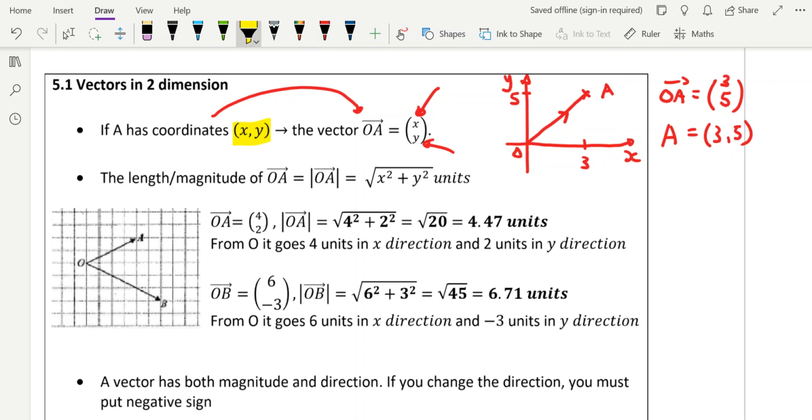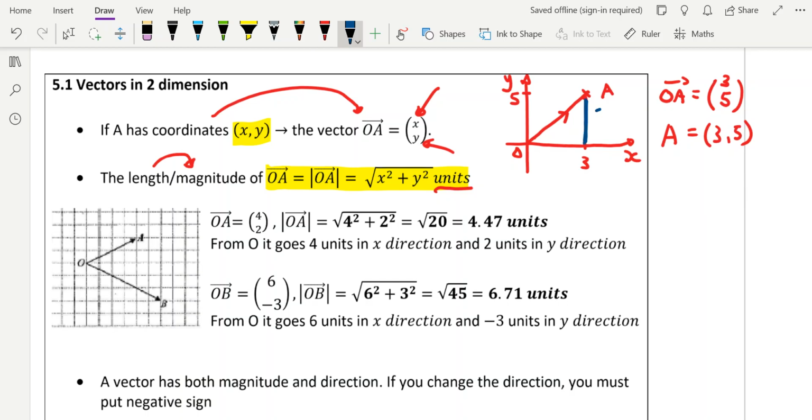Next, the magnitude. Magnitude means length. In physics, you keep hearing the teacher say vector is something that has magnitude and direction. What does magnitude mean? Magnitude just means length. It's just another word for length. And in your coordinate geometry knowledge, length is the Pythagoras theorem. It's the square root of x squared plus y squared, and the units is called units. Look here, because I want to find the length of this, can you see it forms a right angle triangle?